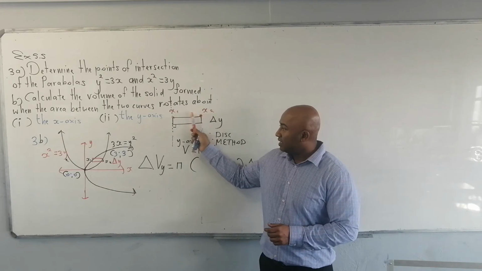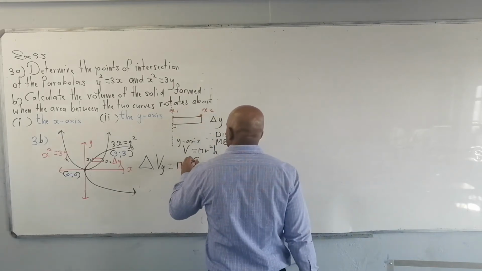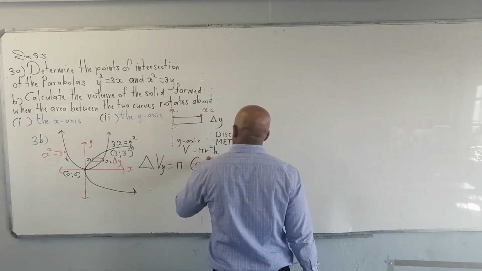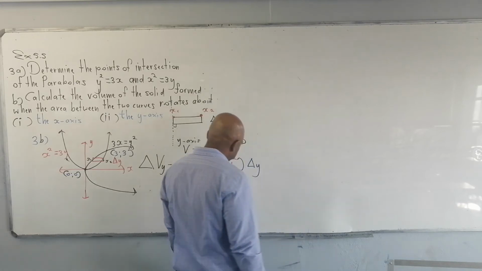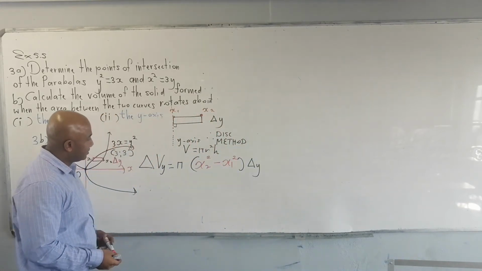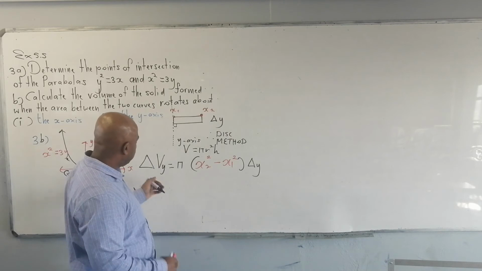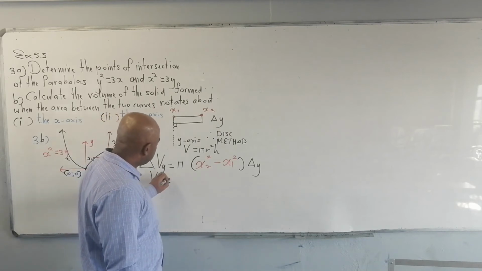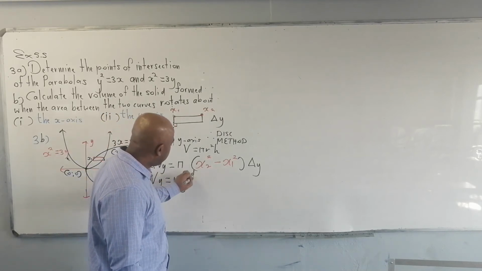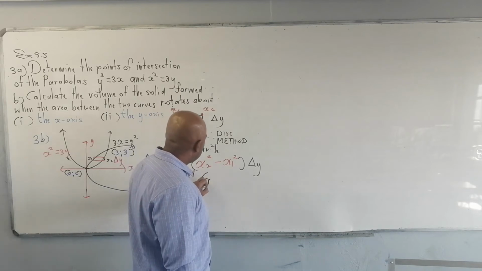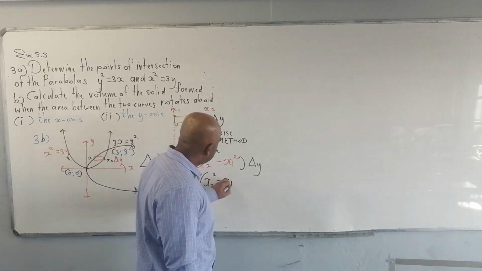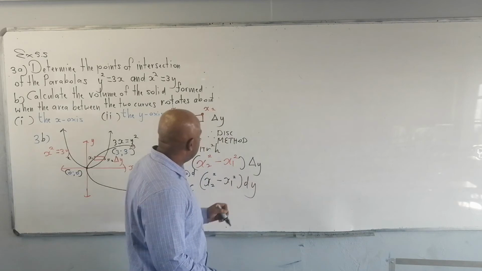Here it is on the right and left. So we're going x2 squared minus x1 squared. Now, total volume. Integrate, that's d and c. That's going to be x2 squared minus x1 squared dy.